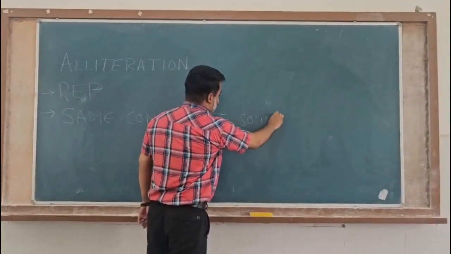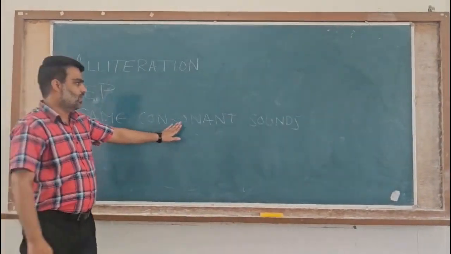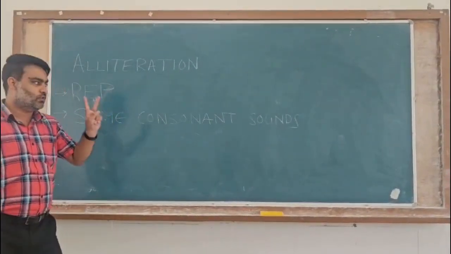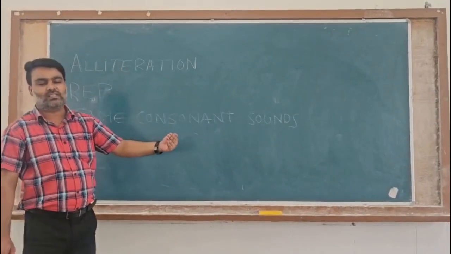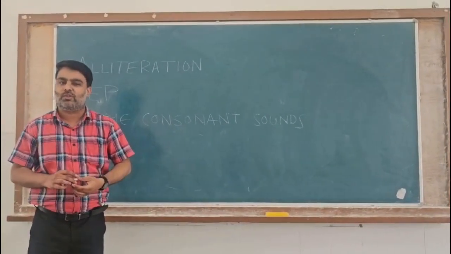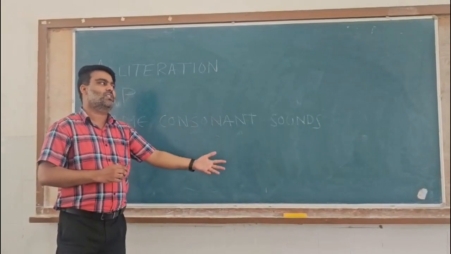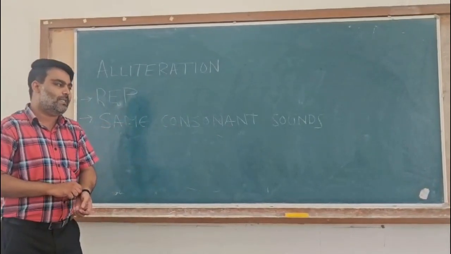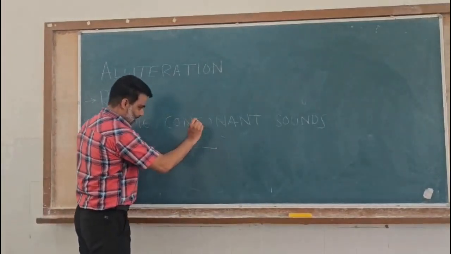The repetition of the same consonant sounds at the beginning of two or more words immediately succeeding each other or placed at short intervals. It might be so that they come one after the other, and the other case may be that they are placed at short intervals as well.